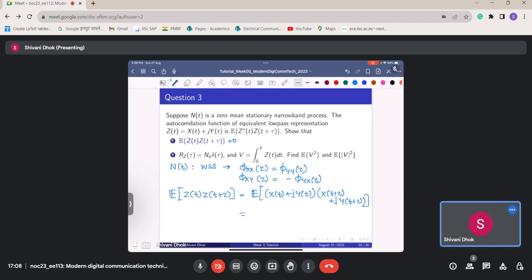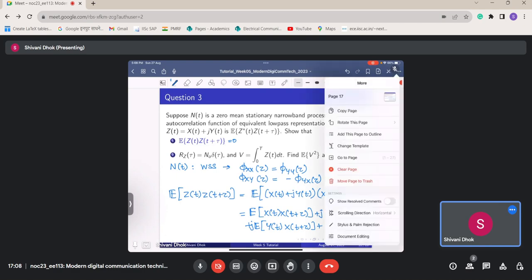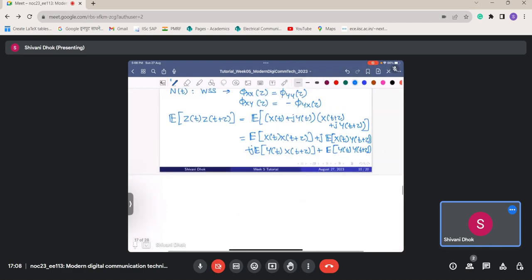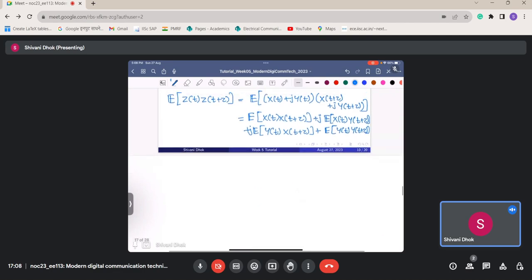So this comes out to be expectation of x(t) x(t plus tau) plus j times expectation of x(t) y(t plus tau) plus j times expectation of y(t) x(t plus tau) plus expectation of y(t) y(t plus tau). Okay, so let me write it again.